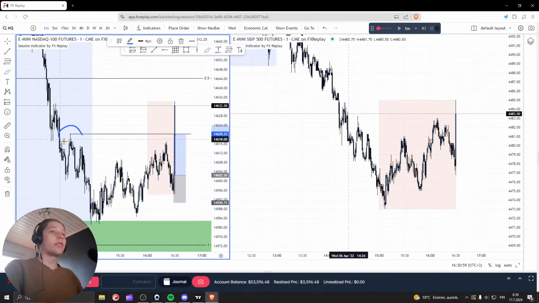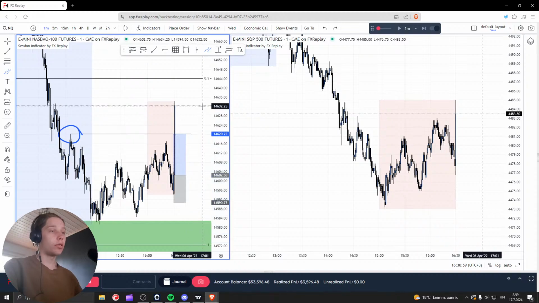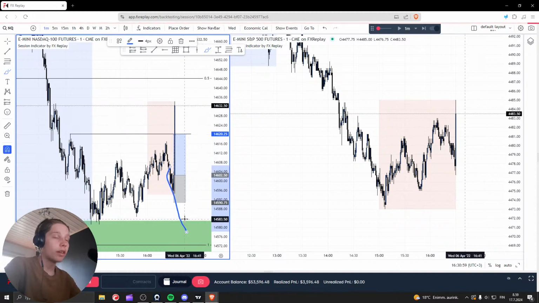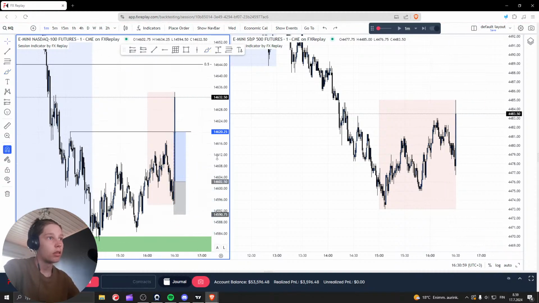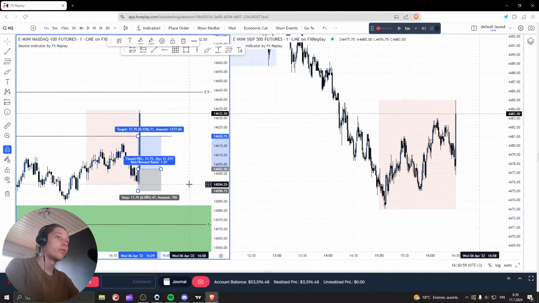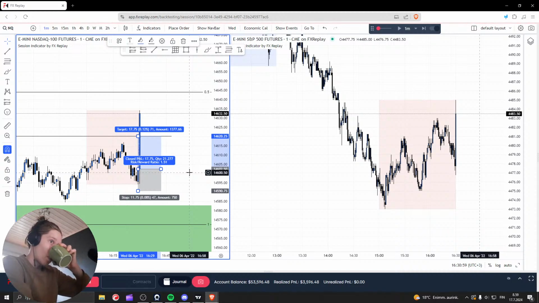It's not going to make any huge wicks even if it wants to run. And if it's going to make a huge wick, then it would have done that anyways. So it just makes the move faster to the wanted direction. But that was a pretty good trade.